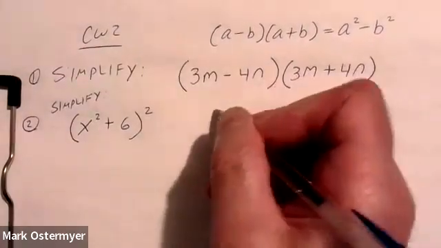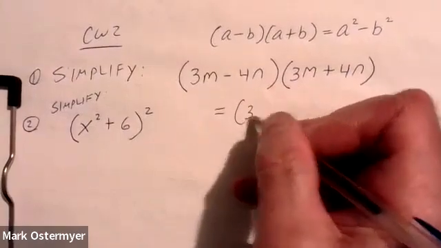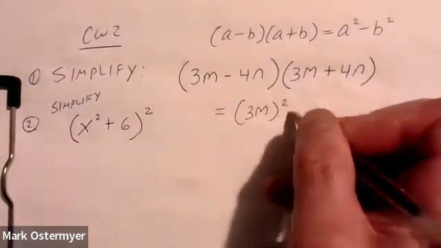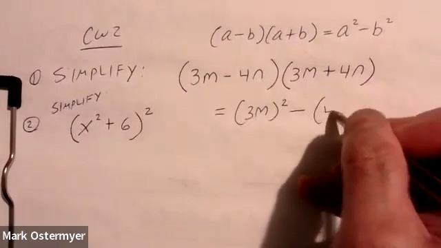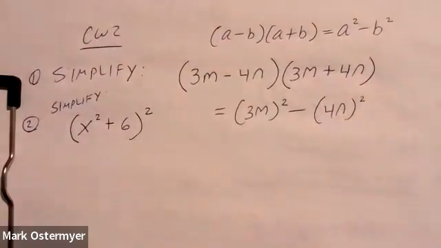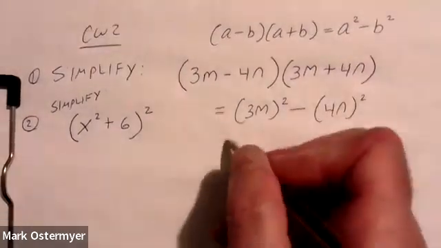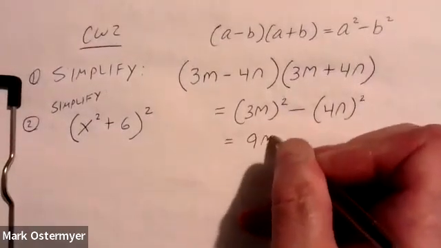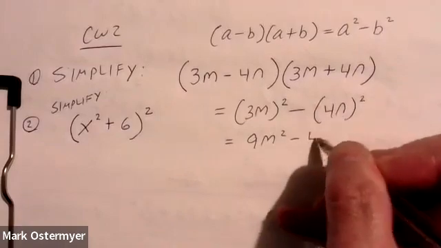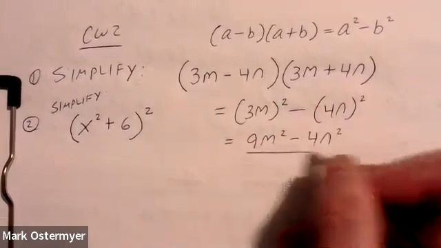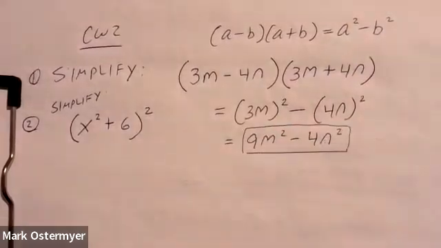So this product is going to be 9m squared minus 4n squared. And that's your answer. It's very easy to multiply conjugate binomials together.